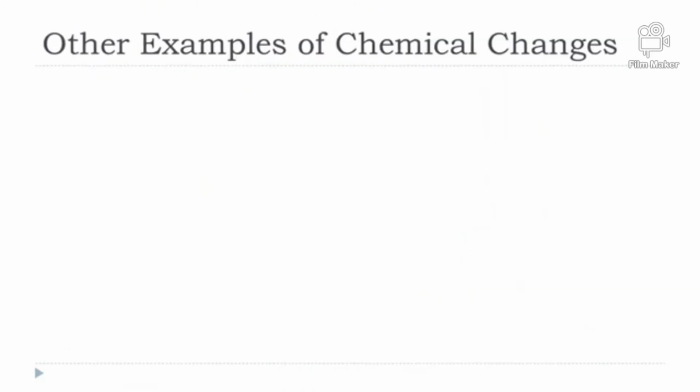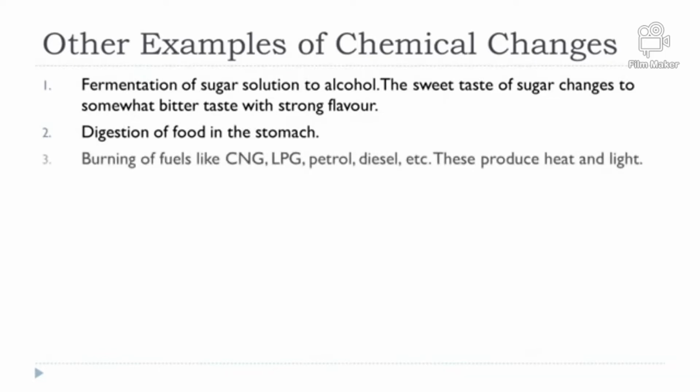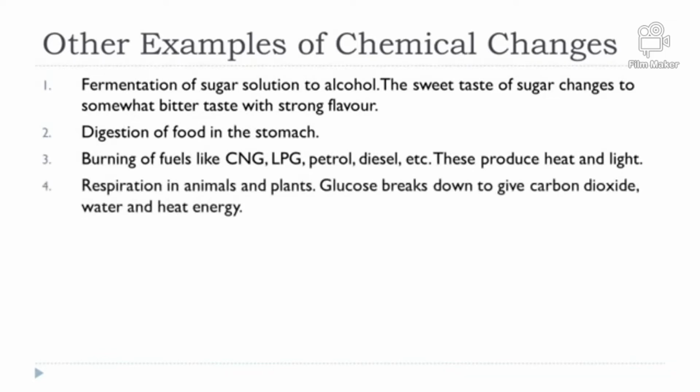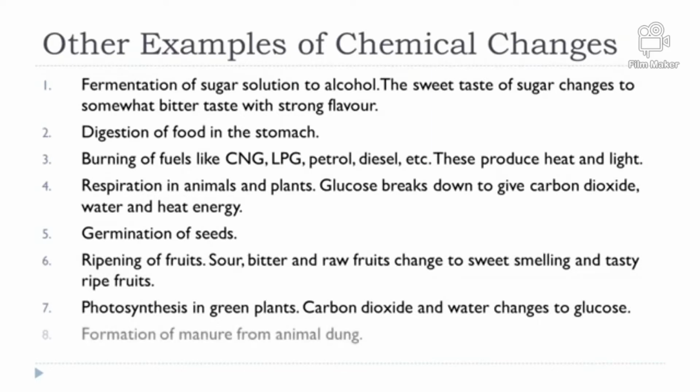There are some other examples of a chemical change, such as fermentation of sugar solution to alcohol, digestion of food in stomach, burning of fuels like CNG, LPG, petrol, etc., germination of seeds, respiration in animals and plants, ripening of fruits, photosynthesis in green plants, and formation of manure from animal dung.